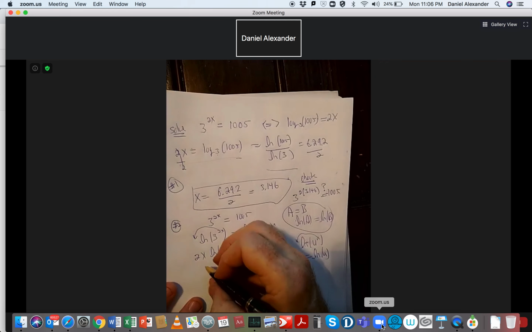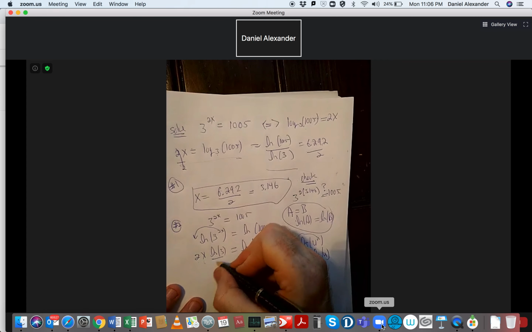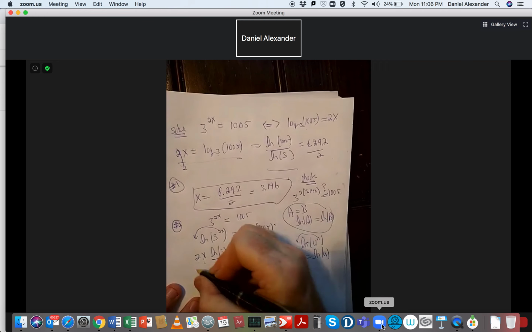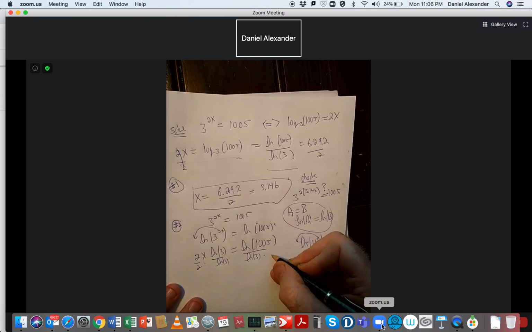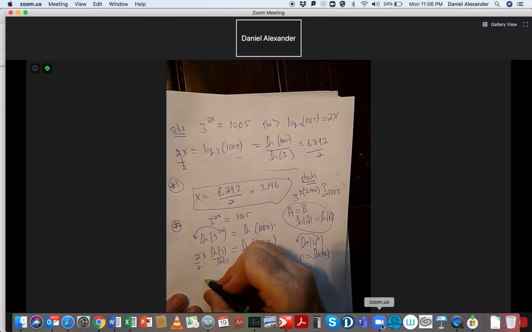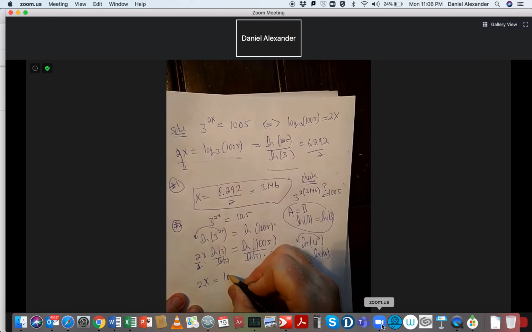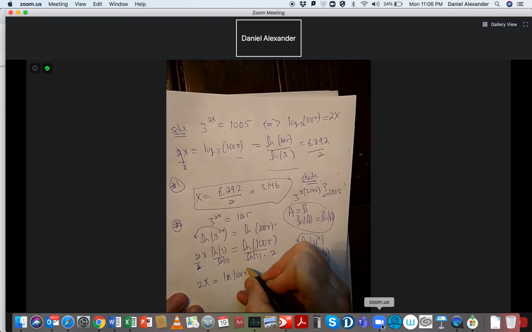Now I'm going to divide each side by log of 3 and by 2. Let's do it the way I did before. I get 2x is equal to the log of 1005 over the natural log of 3.